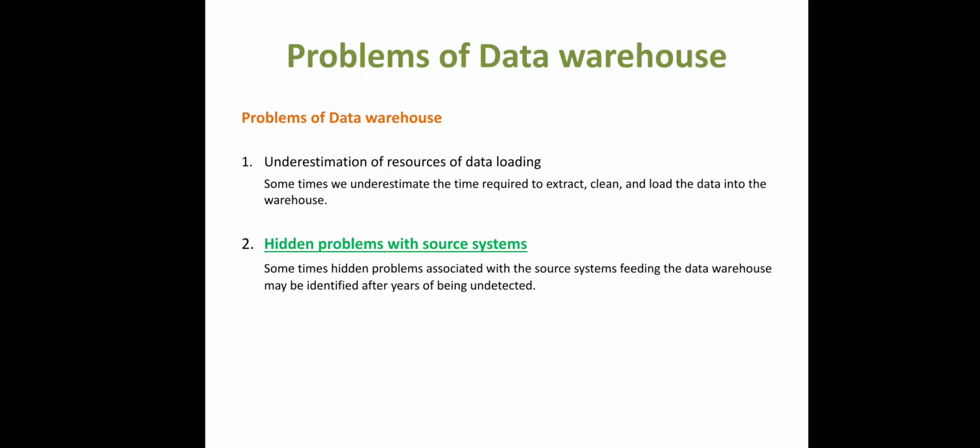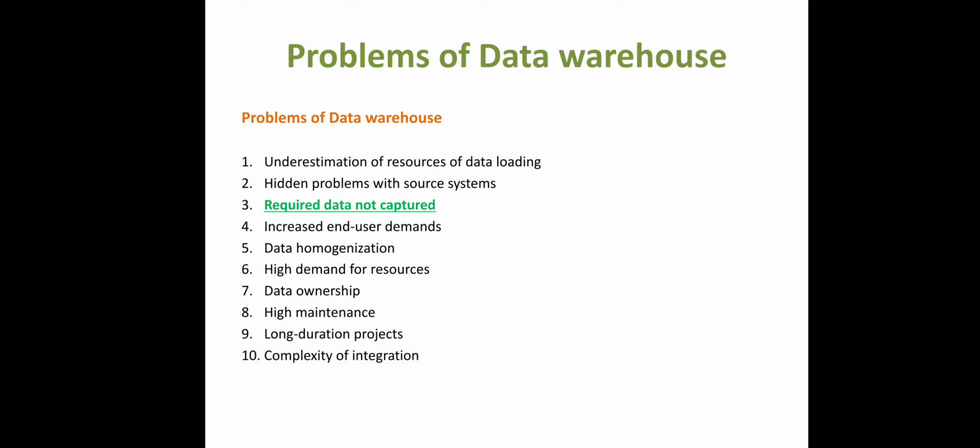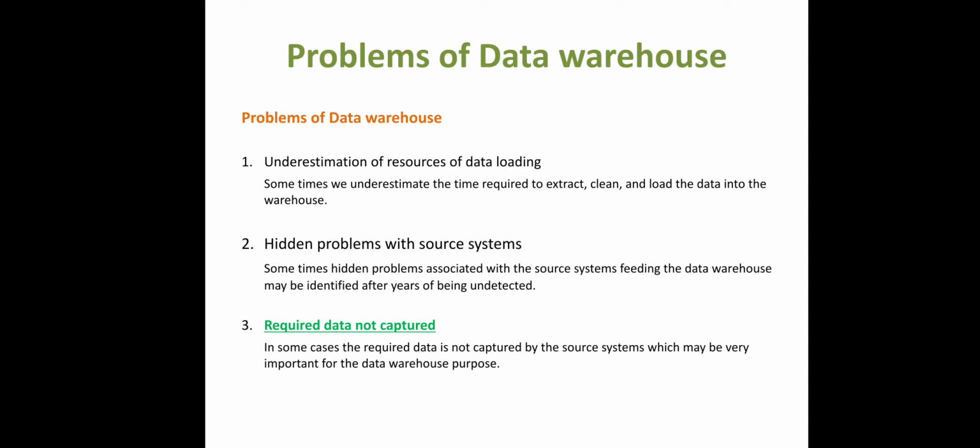Then the next thing, required data not captured. In some cases it may happen that the required data is not captured by the source system, which may be very important for the data warehouse purpose. So, this is a possibility. An example can be the date of registration for a property, which may not be used in the source system, but may be very important for analysis purposes.